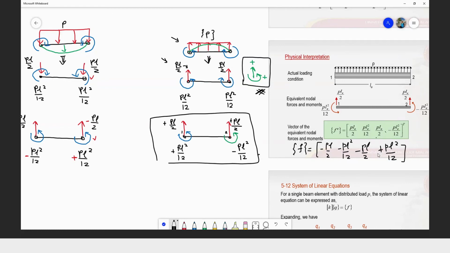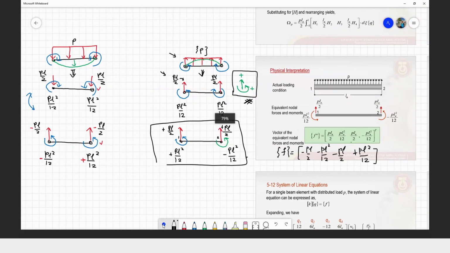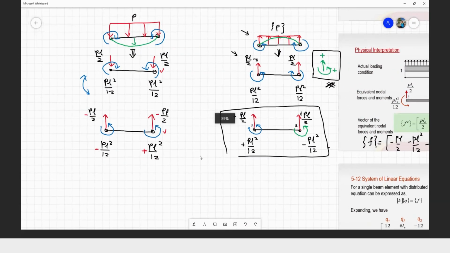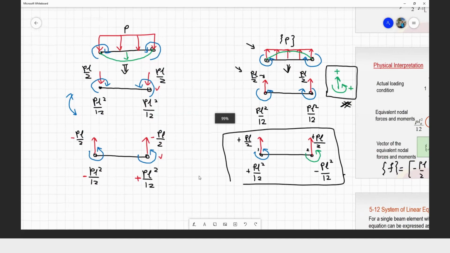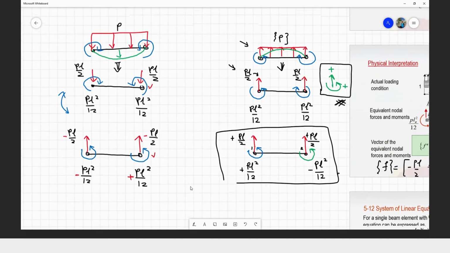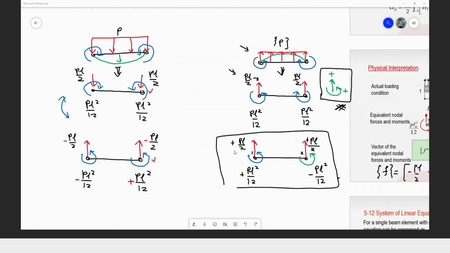So this is how we convert from the physical beam deformations to the equivalent force and moment. This you have to understand. All of you need to understand how it works.